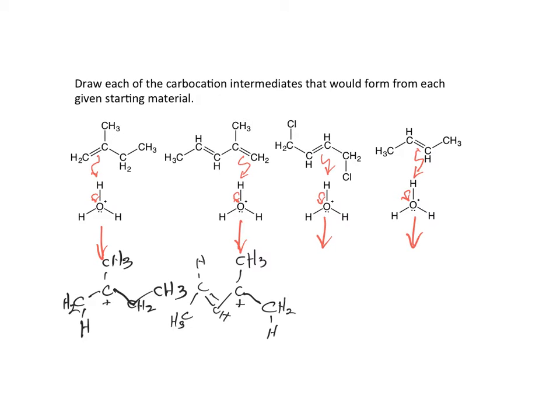Here, our double bond is symmetrical, and so it doesn't matter, but the way I've drawn it, I'm going to put my Cl there, CH2 there, and put my hydrogen there. We broke that. That's going to be a secondary carbocation. And we get that secondary carbocation with a halogen nearby.